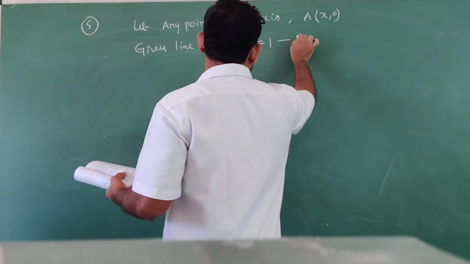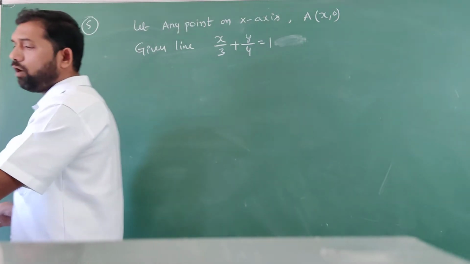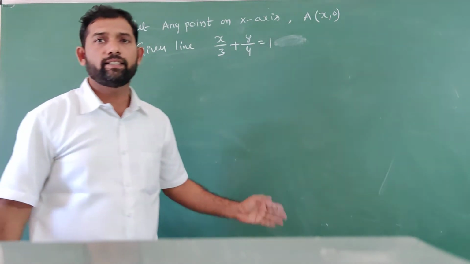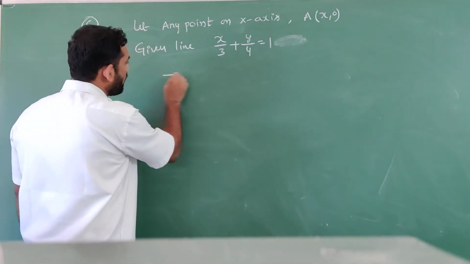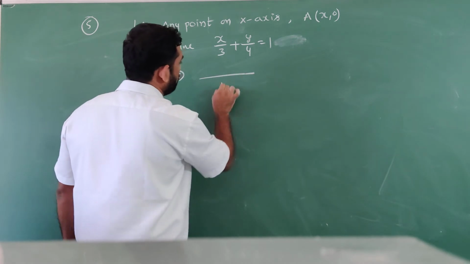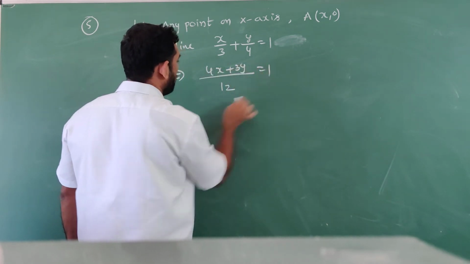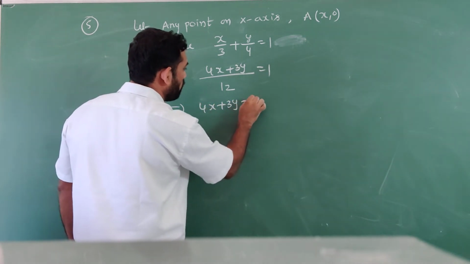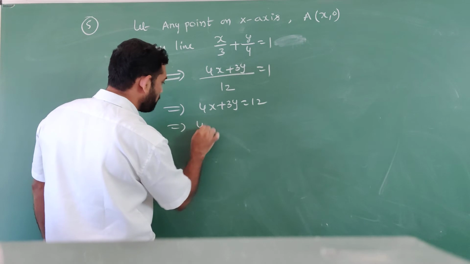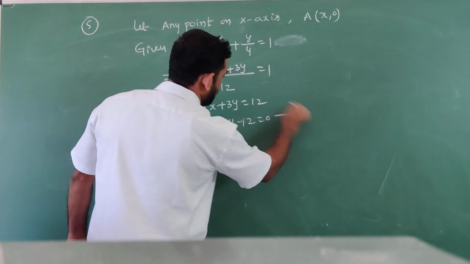This is equation number 1. You have to simplify it into the proper form. The LCM is 12, so 4x + 3y = 12. So 4x + 3y - 12 = 0. This is equation number 1.